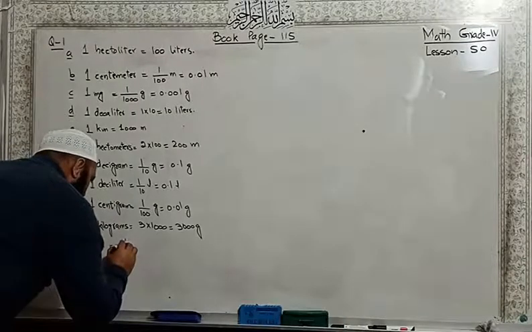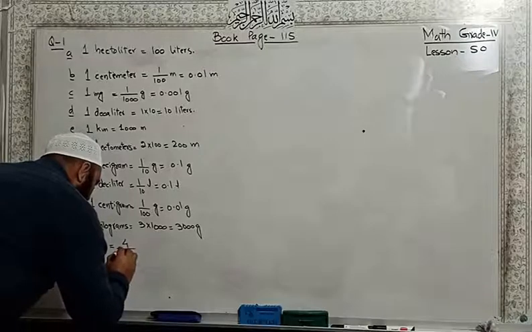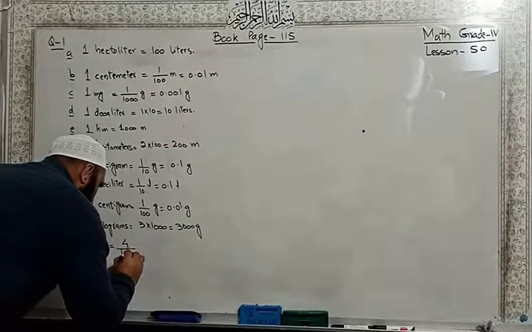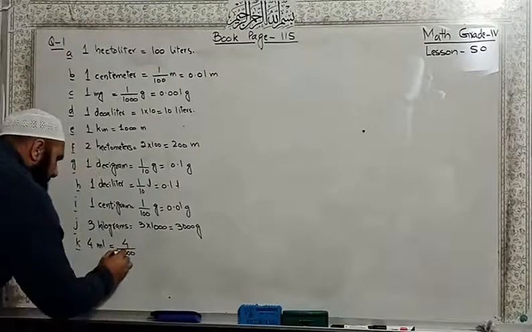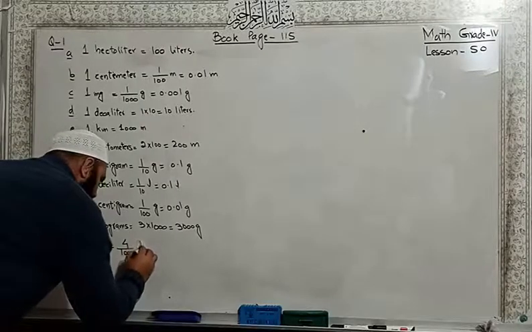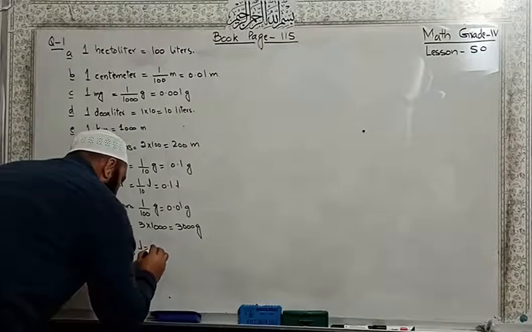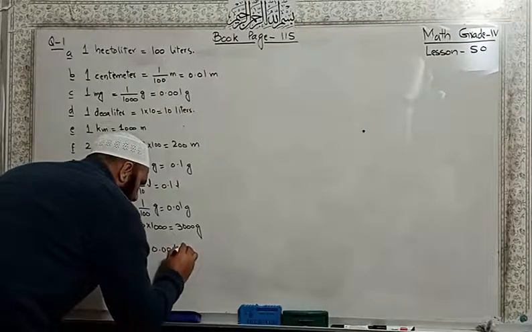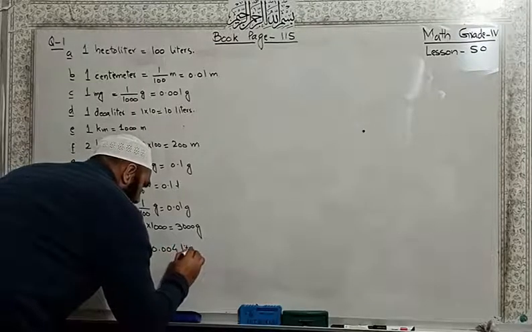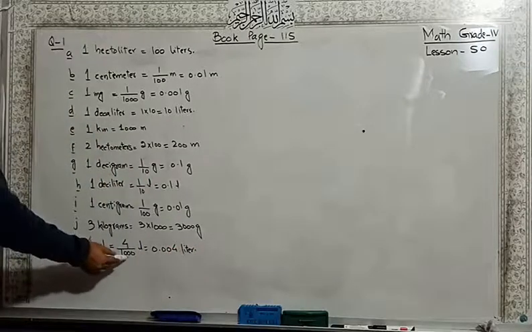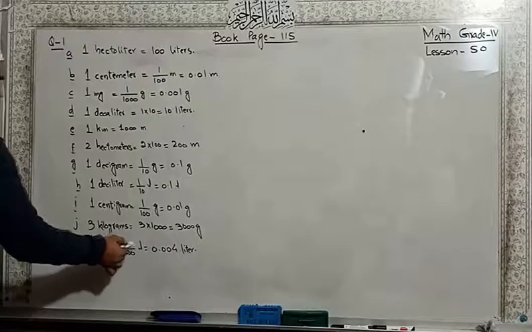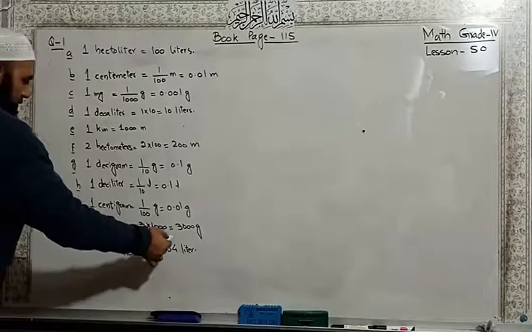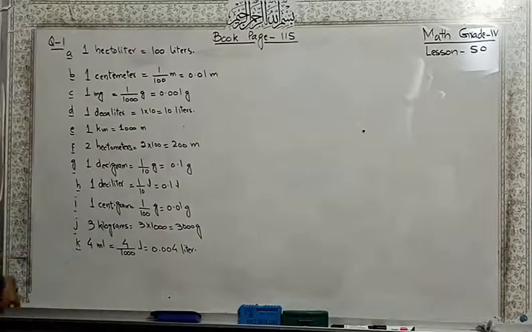So 4 over 1000 liter. This will be equal to 0.004 liter. Milli means division by 1000, so 4 over 1000 liter means 0.004 liter.